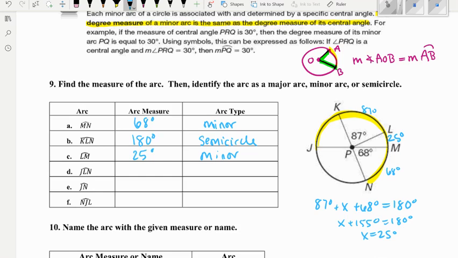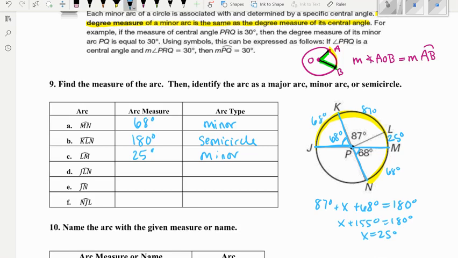And we want to figure out what then this is equal to. So we can use the fact that we have vertical angles that are the same. I can see that this angle here and this angle here are what we call vertical angles because they're across from each other. So that means that this angle and this angle are going to be the same measure. So that would be 68 degrees, which means that this arc length is also 68 degrees.